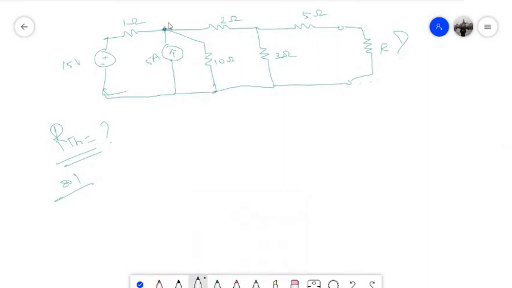You can do nodal analysis. Maybe you can take the voltage at this particular node to be V1 and here will be V2. And this is not actually given in the circuit. Ultimately you have to find the value of R that can be connected here so that it draws maximum power. With this you can actually analyze the circuit.